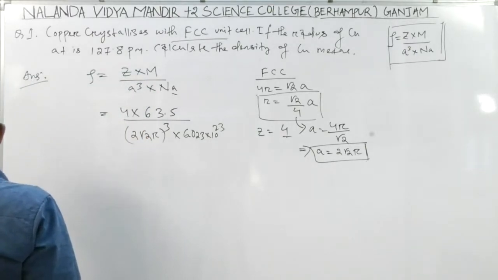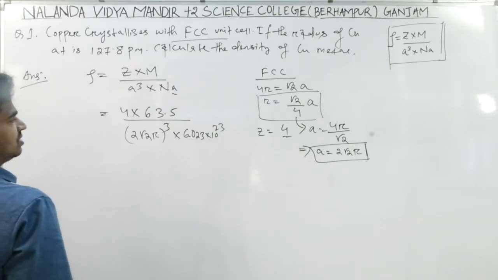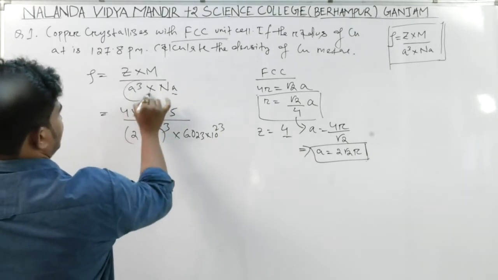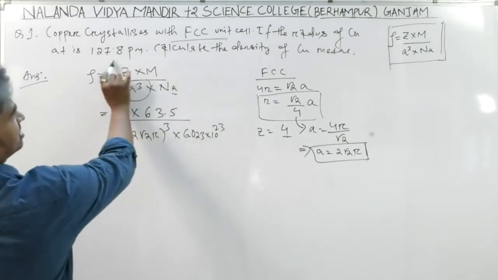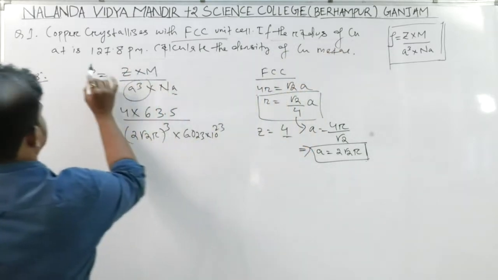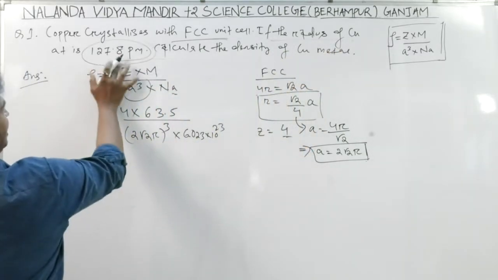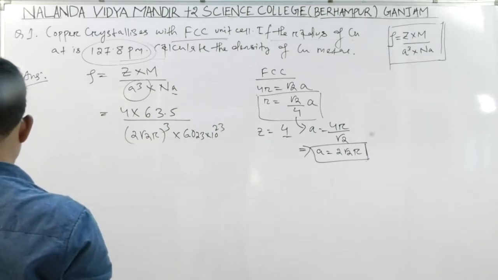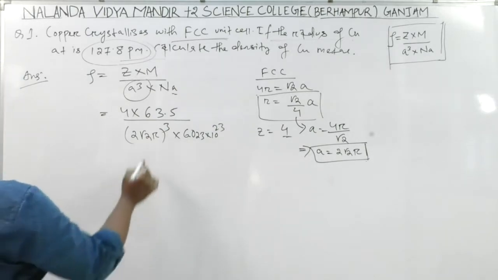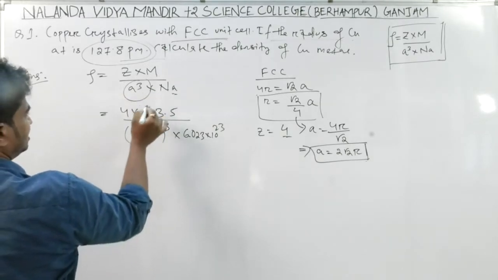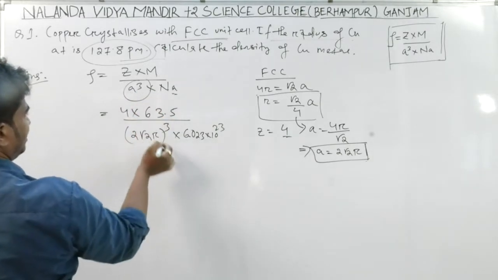Here A is the edge length. In this problem, the radius is already given, R is 127.8 picometer. So first we have to calculate A. What would be the value of A?